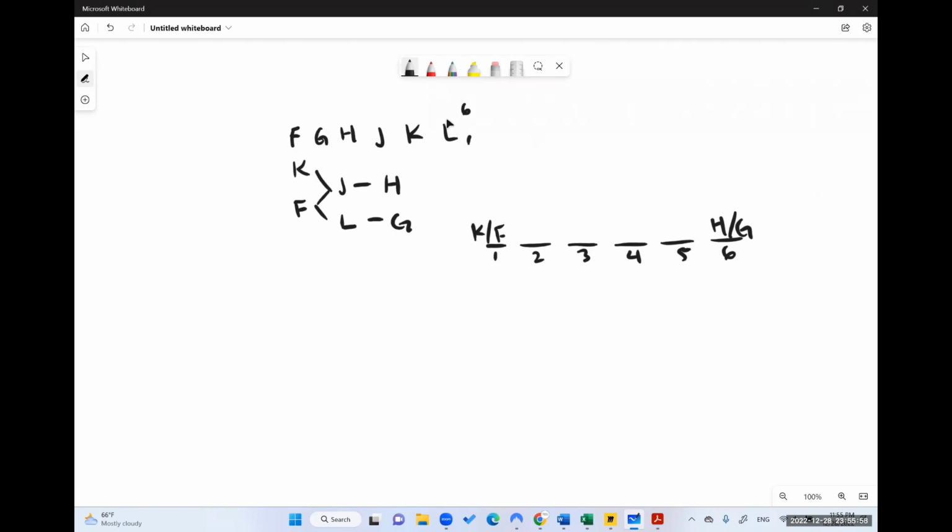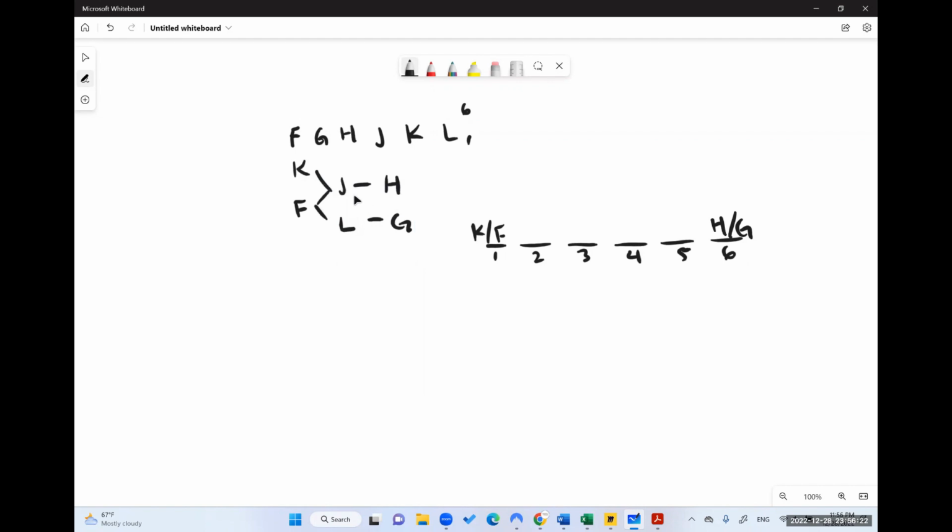I do need to be very, very cognizant of these relationships, though. I don't want to get these mixed up. The most important thing to recognize here is I actually know that L needs to go before G. I know that J needs to go before H. However, we have to be very careful in understanding that L actually can go before or after H. We actually don't know that relationship for sure.